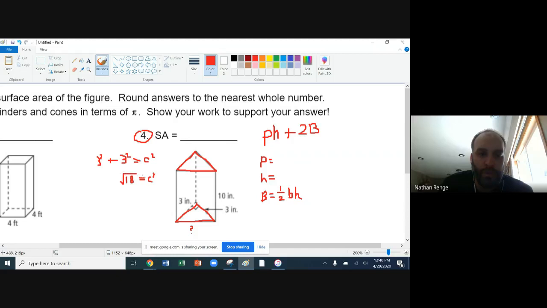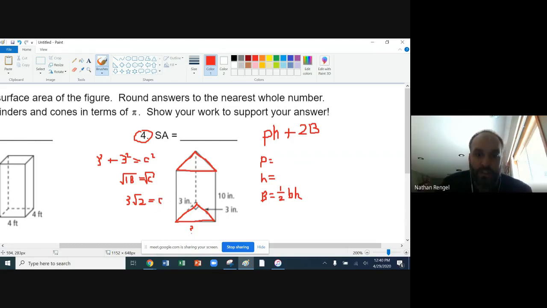Once you root both sides, root of 18 is not a perfect square, but there is a 9 in it. I take the 9 out, and I get 3 root 2 equals c.